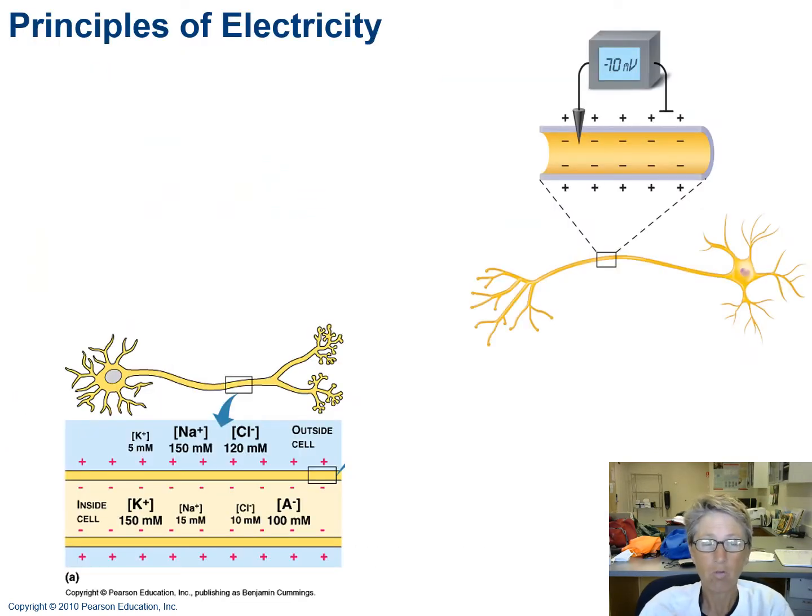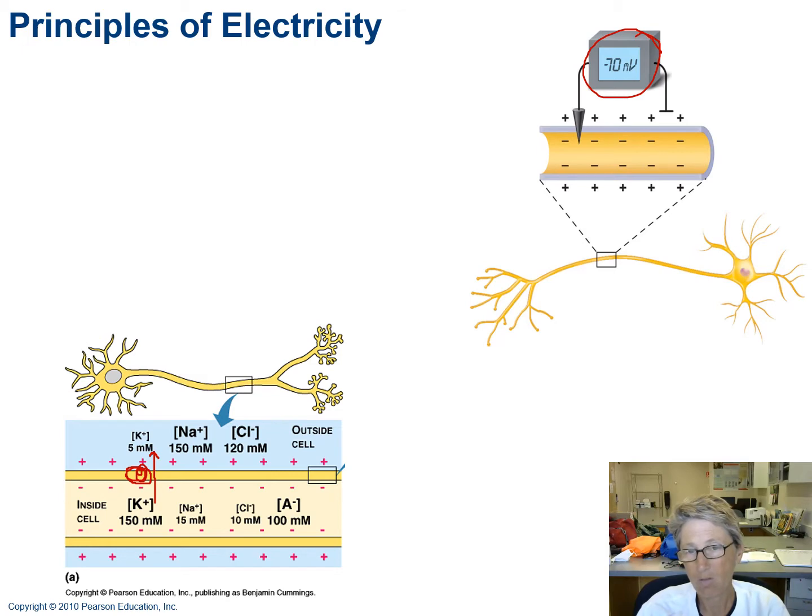This is a cartoon that shows principles of electricity. So at the bottom part here, if a potassium channel is open and ions flow, so potassium would flow to the outside, you could get a reading on a voltmeter. So here's a voltmeter, it's showing minus 70 millivolts.